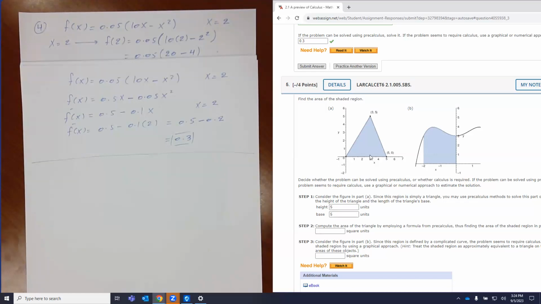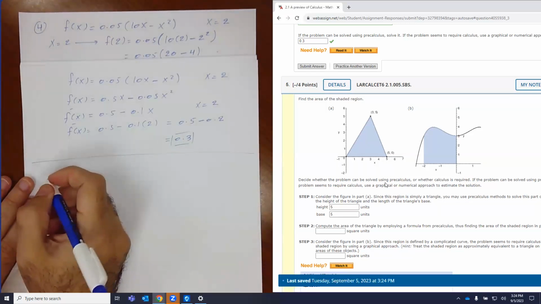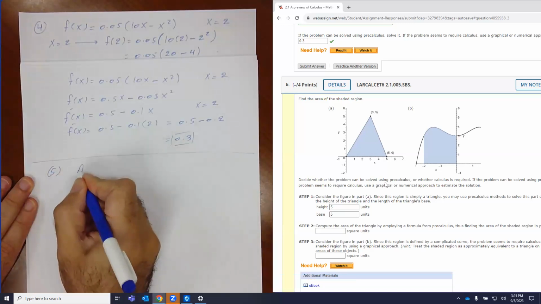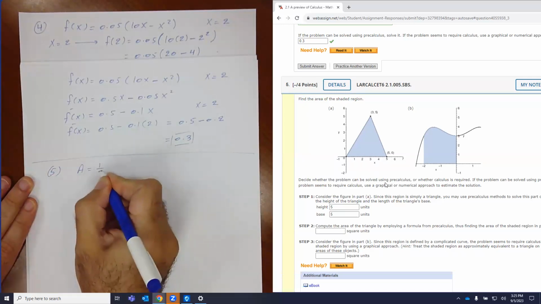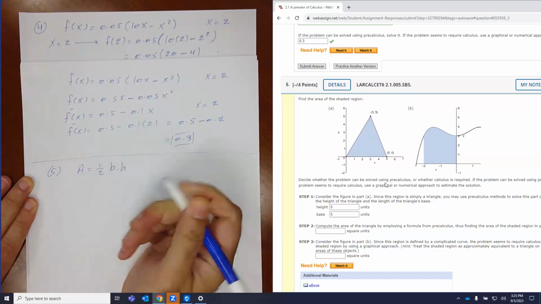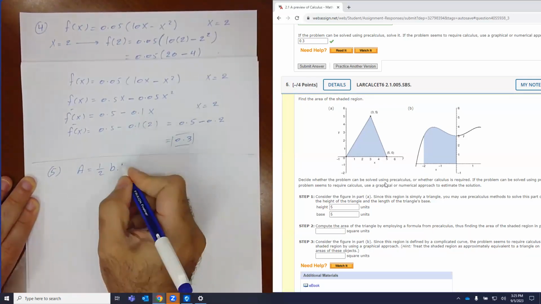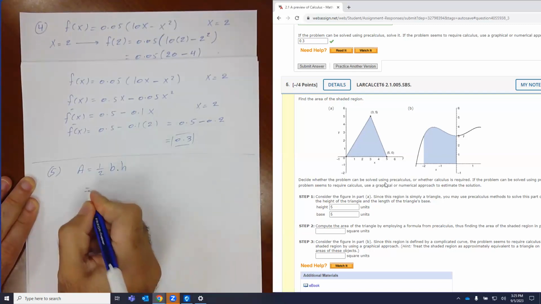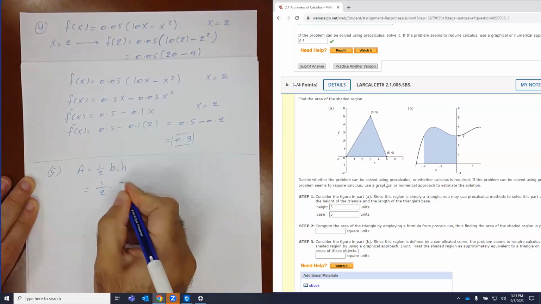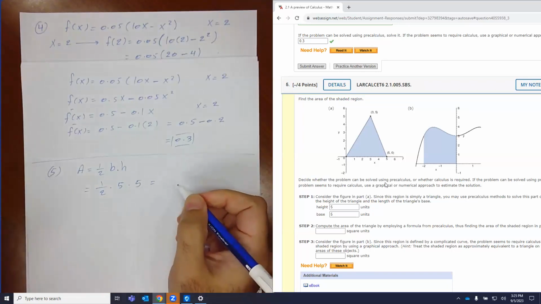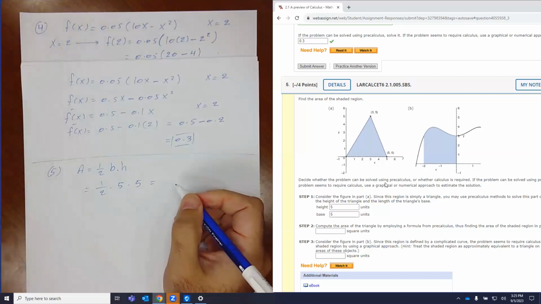Compute the area. We're just going to use pre-calc, how to find the area of a triangle. The area of a triangle is going to be half base times height. That means half, the base is 5, the height is 5. You don't have to plug in your answer as a decimal.